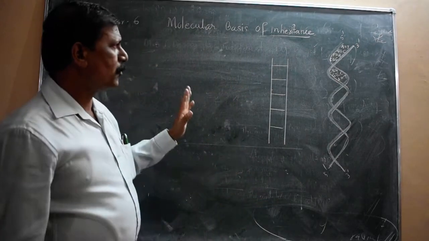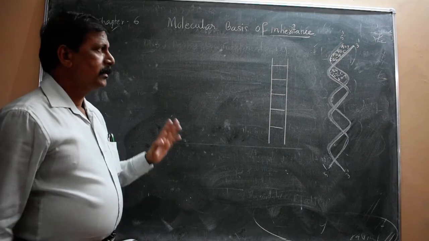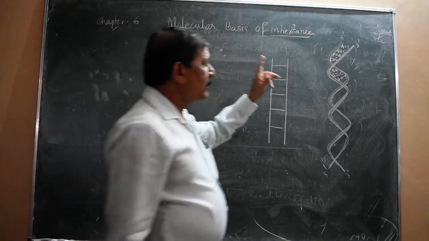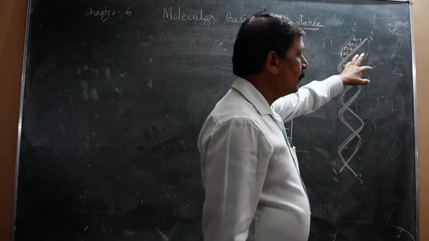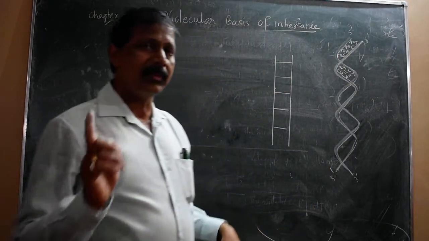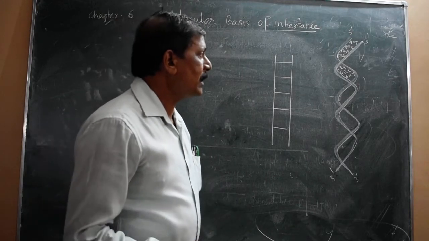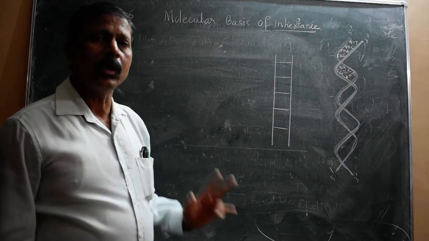In this fashion only it undergoes pairing. Here adenine always combines with thymine with 2 hydrogen bonds, or vice versa. Thymine always combines with adenine with 2 hydrogen bonds.